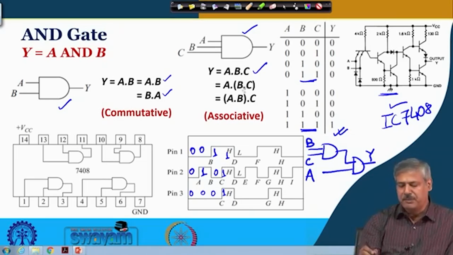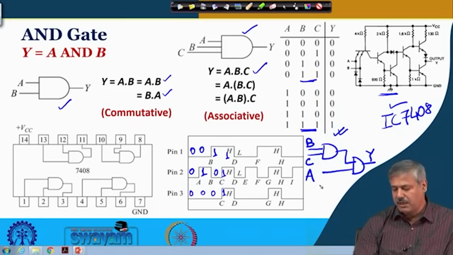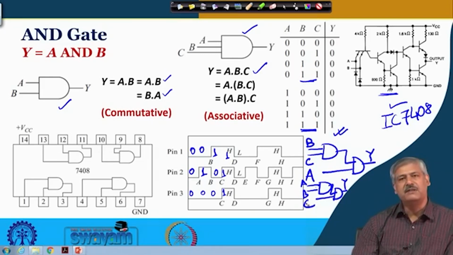So, if you group BC, AND them together, and then AND with A, the output remains the same as y is equal to ABC. Similarly, if you group A and B together and then AND it with C, the result remains the same. Whether this grouping or association is done this way or the other way, the result remains the same. So, the AND operation is associative.